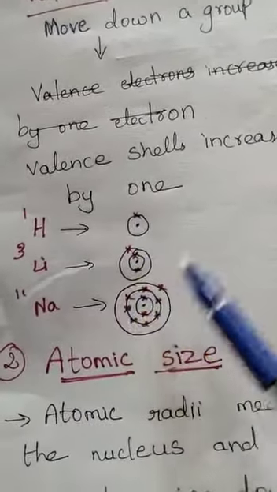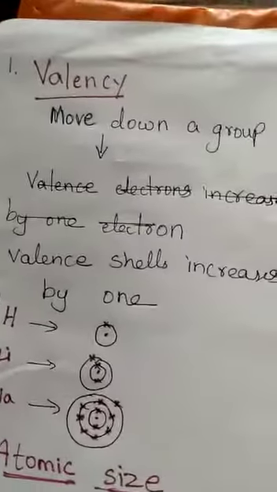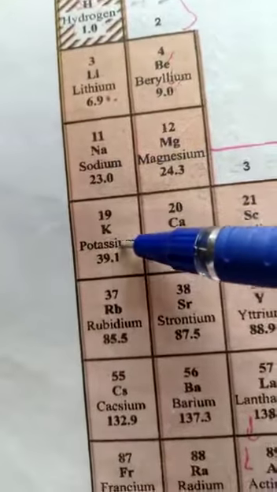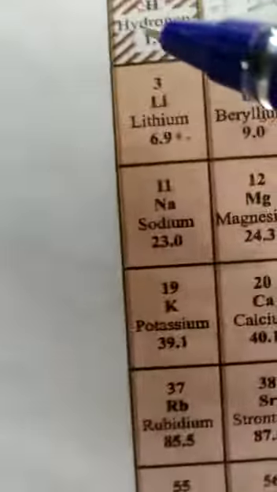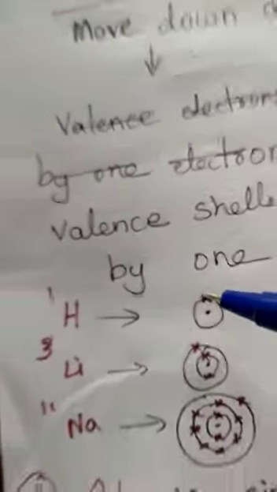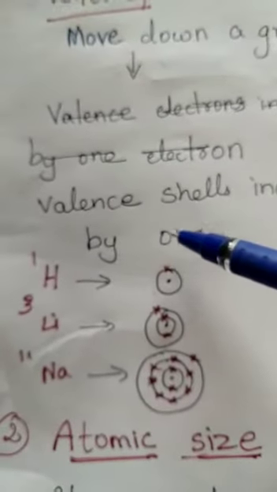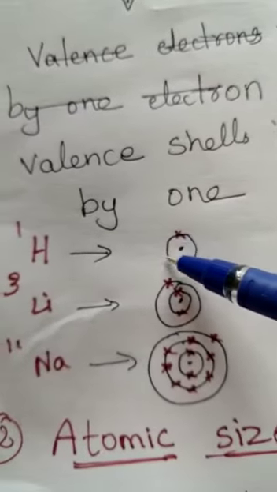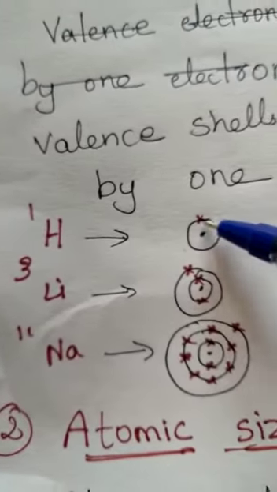Moving down a group, we have hydrogen, lithium, sodium, potassium and some other elements. I have given examples for hydrogen, lithium and sodium. When moving down a group, the valence shell increases by 1.